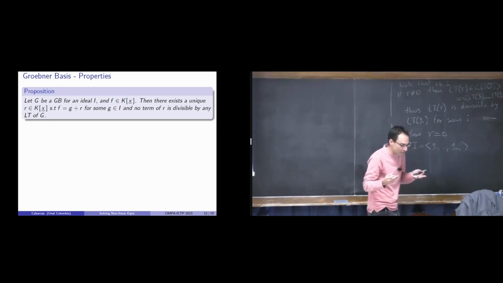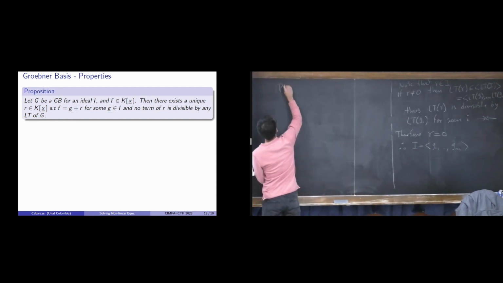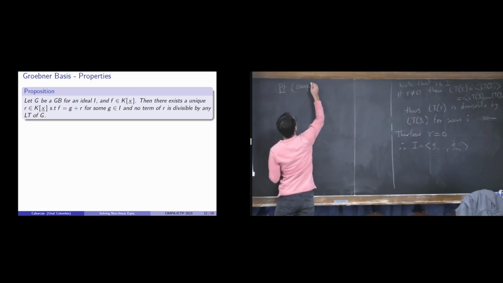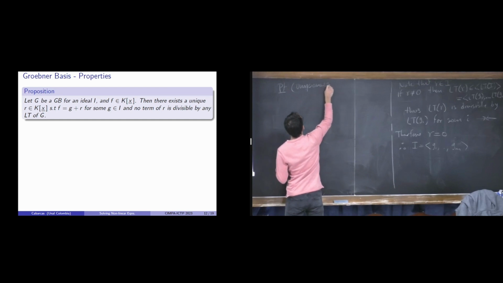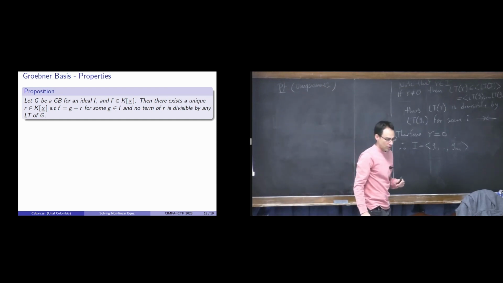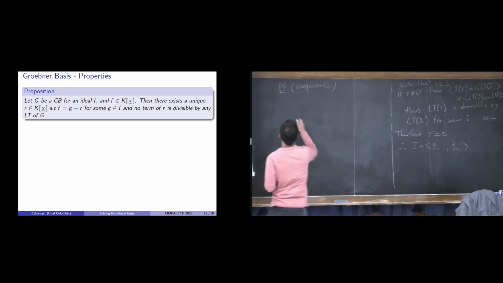I didn't prove it, but it's the division algorithm we already have. So the uniqueness is the only thing we want to show. And so let's suppose we don't have uniqueness. So let's suppose we have two.